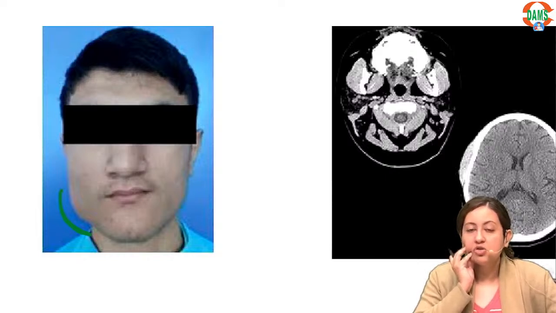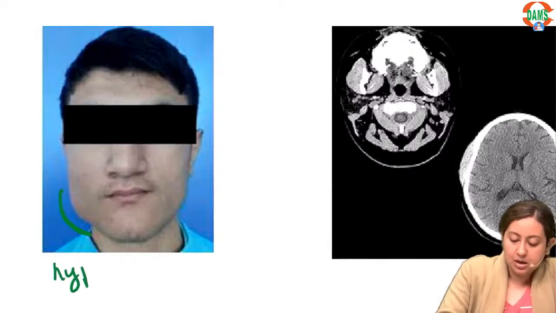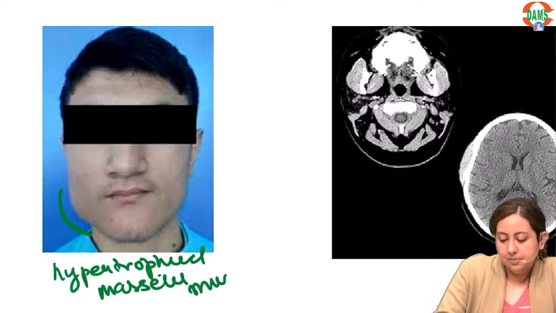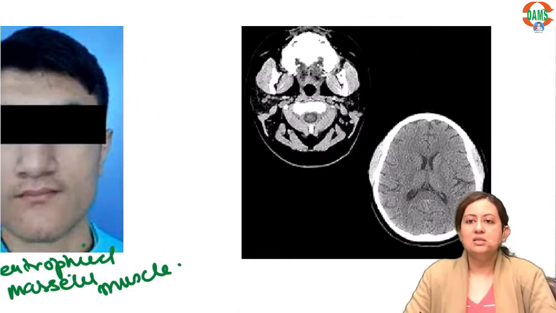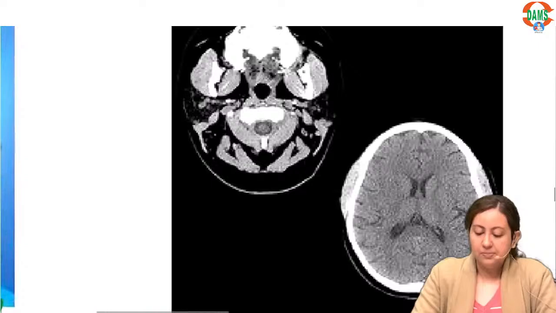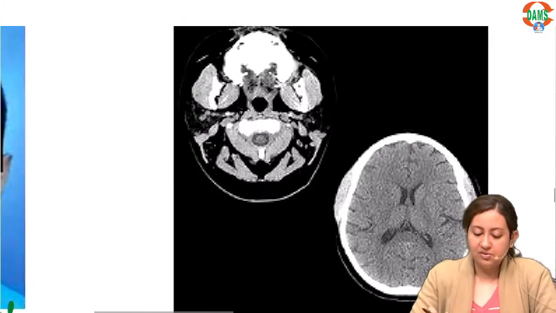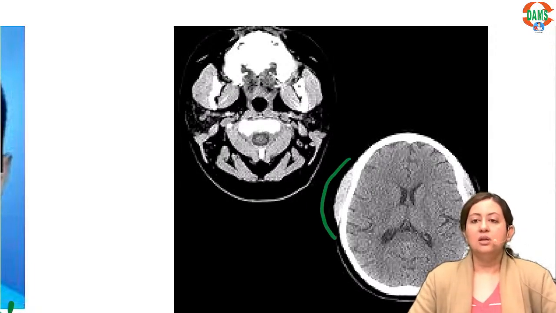So the patient will present with a swelling. This looks like a swelling, but this is actually a hypertrophied masseter muscle. Now, if you see the scans of this patient, this is not a PA cephalogram but an MRI. Even on the MRI there is a bulge.